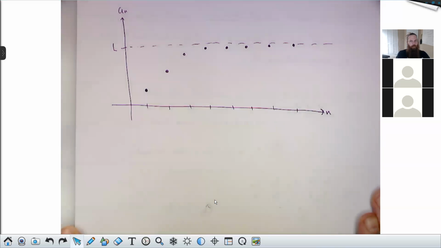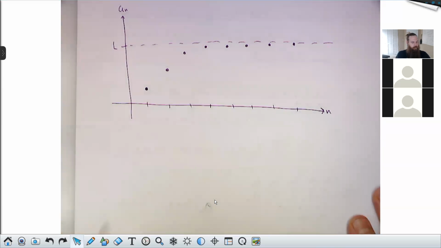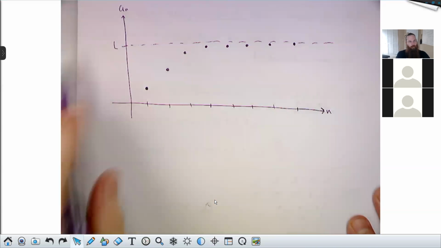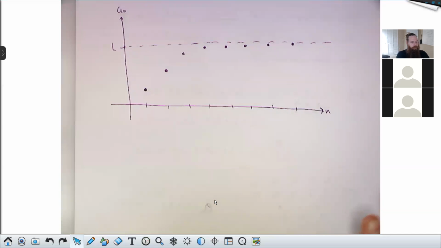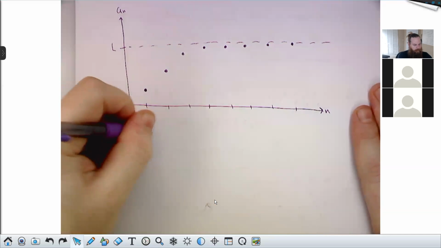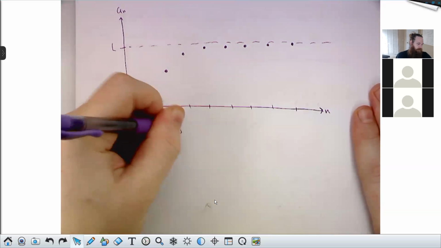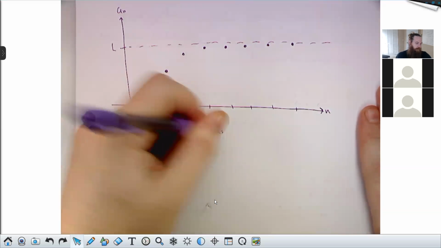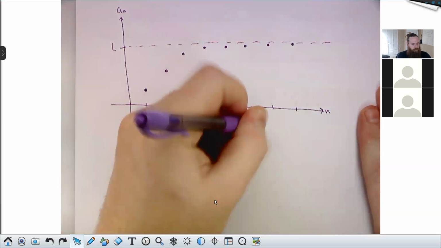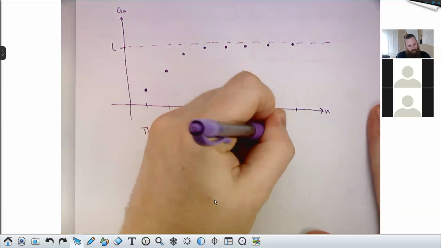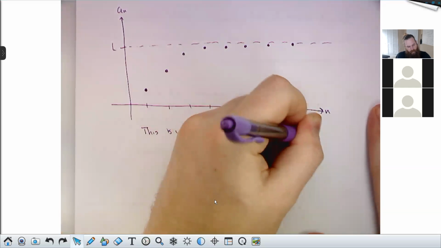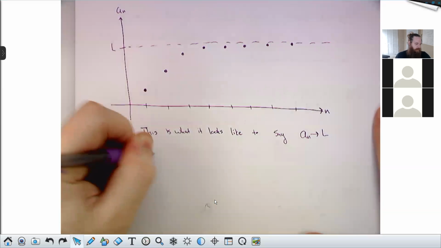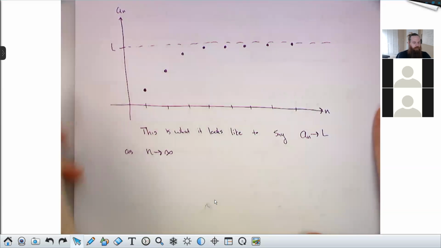And the terms of the sequence just keep getting closer and closer to this horizontal line L. This is what it looks like to say a_n is going to L as n is going to infinity.